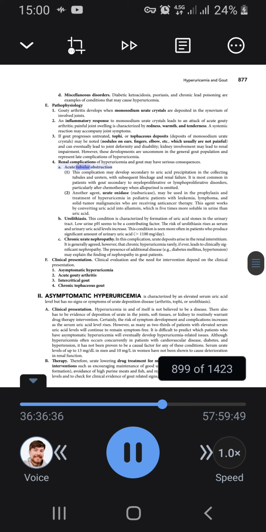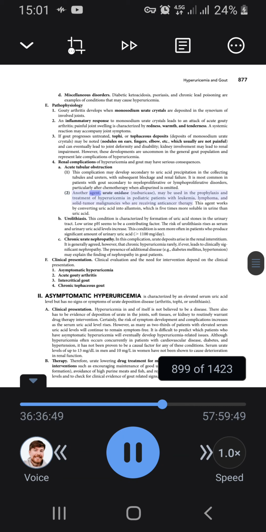A. Acute tubular obstruction. 1. This complication may develop secondary to uric acid precipitation in the collecting tubules and ureters, with subsequent blockage and renal failure. It is most common in patients with gout secondary to myeloproliferative or lymphoproliferative disorders, particularly after chemotherapy when allopurinol is omitted. 2.